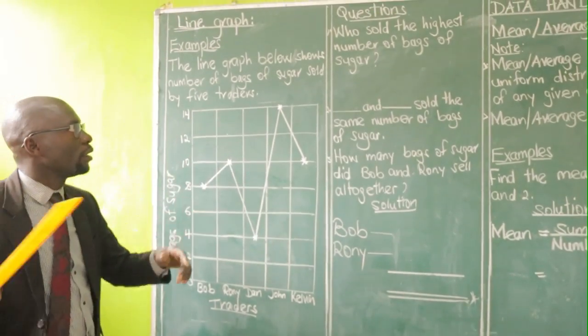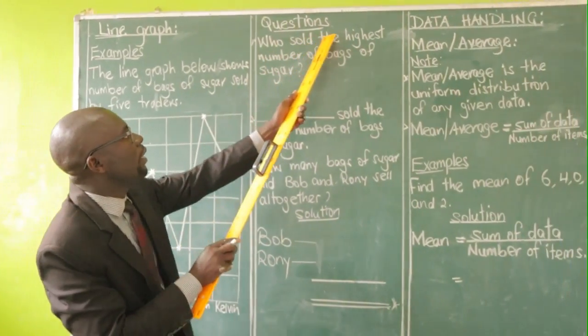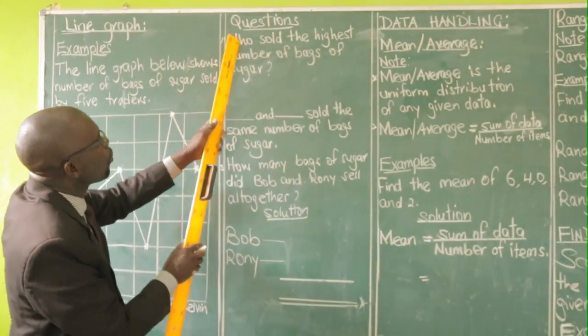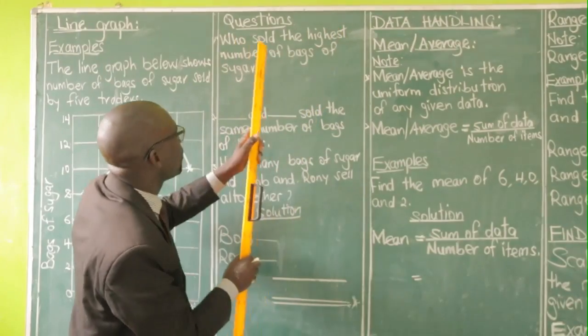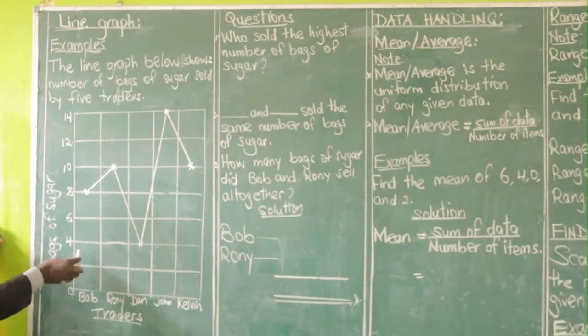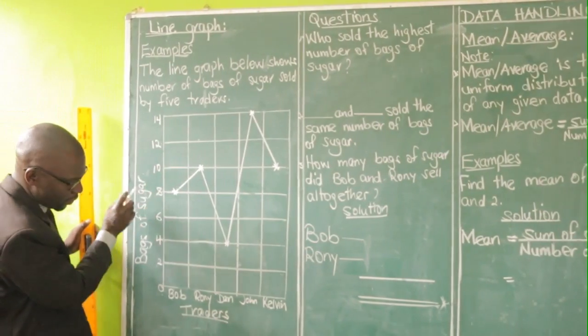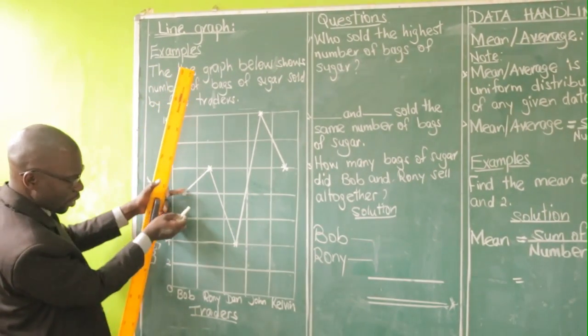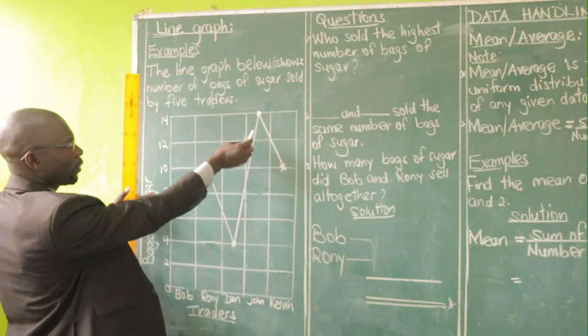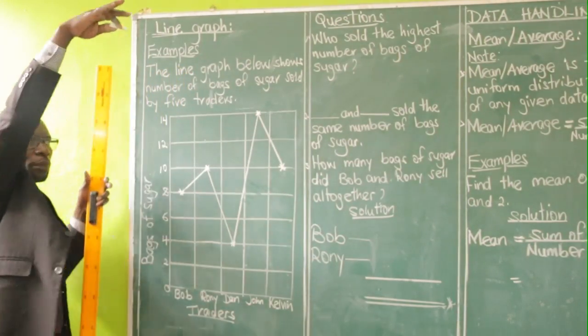Question number 1. Who sold the highest number of bags of sugar? They can even ask who sold the biggest number of bags of sugar. Just come here and see who has the highest number. Is it Bob? No. Of course, Ronnie is up, and then Dan is down. John, I think, yeah, John is on top of the rest.